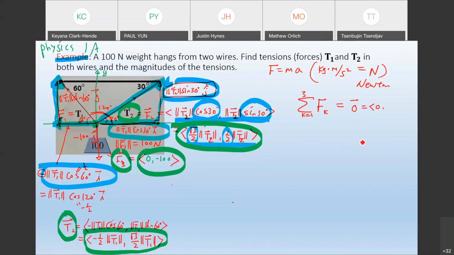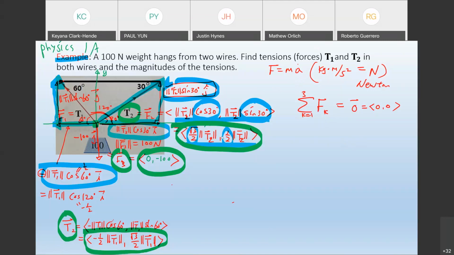Total sum of forces. Why? No acceleration. Zero means basically no acceleration. You're not moving. Change of velocity, change of time. There's nothing happening. So that's why the force has to be zero. Masses are not zero, so you've got to be zero. Not moving.